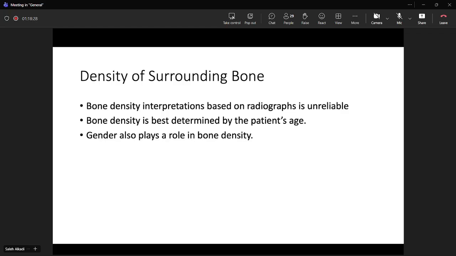Also, usually in males there is more bone density and more difficult extraction. In females, the bone is less dense and the extraction is easier. By the way, impaction of wisdom teeth was found to be more common in females than males, and the eruption of wisdom teeth is 3 to 6 months earlier in males than in females.